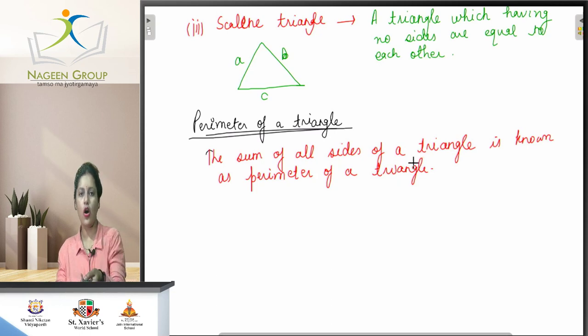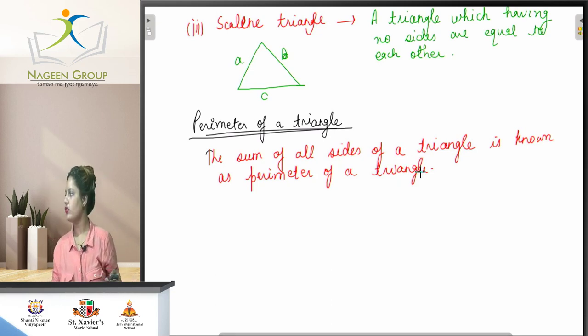It means the sum of all the sides is known as the perimeter of a triangle.